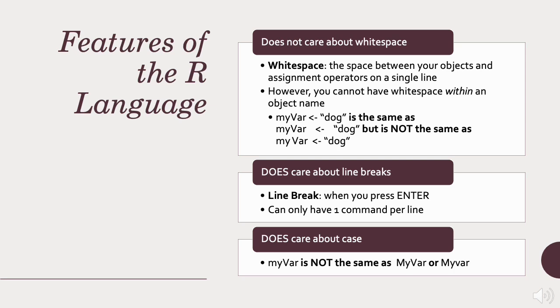However, it does care if there's spaces within an object name. So that third line where it's myVar and there's a space between them, it doesn't like that. It thinks that those are two separate objects, and that's essentially an invalid command that you've put there. It also cares about spaces between letters within a string. So for instance, if I had dog written out in the quotation marks, but there was a space between the O and the G, that is different than dog without a space.